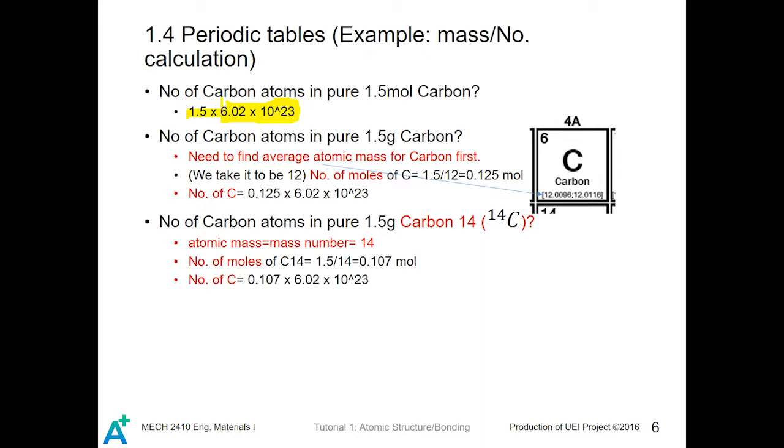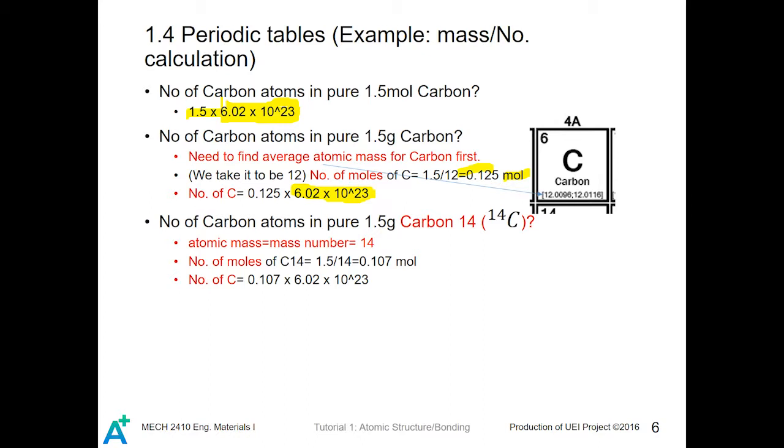AMU is equal to gram per mole, and if you take 1 over gram per mole, it becomes mole per gram, and we eliminate the gram, and the unit will be mole. The number of C, therefore, we just multiply this number by the Avogadro constant, which indicates how many atoms are within 1 mole.